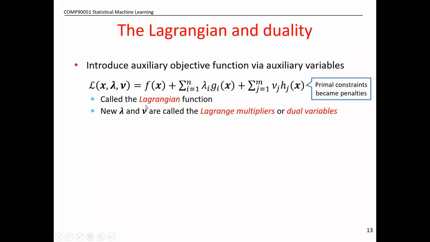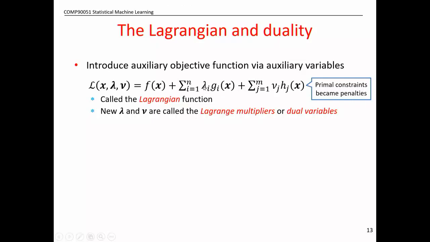We're getting rid of the constraints, which is good. We're just turning everything into unconstrained optimization. But we're allowing these new variables, they're called Lagrange variables or Lagrange multipliers or dual variables, because they're going to become the only variables of the other formulation. When we're finished, the x is going to disappear and there'll be no more primal variables. In the language of the SVM, that's W and B. W and B will actually disappear when we go to the dual. We'll be left with new variables.